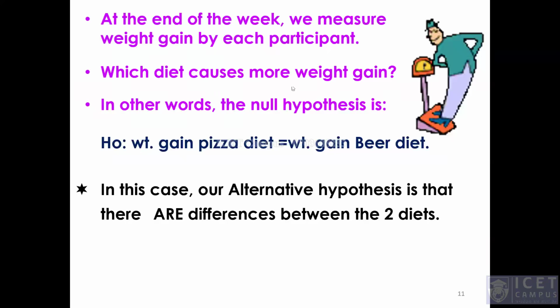One is the beer diet taking group, the other one is the pizza diet. There are two hypotheses called the null hypothesis and the alternative hypothesis, right?